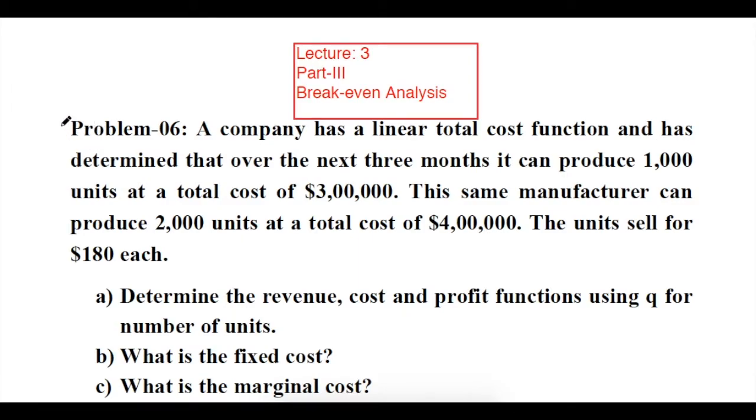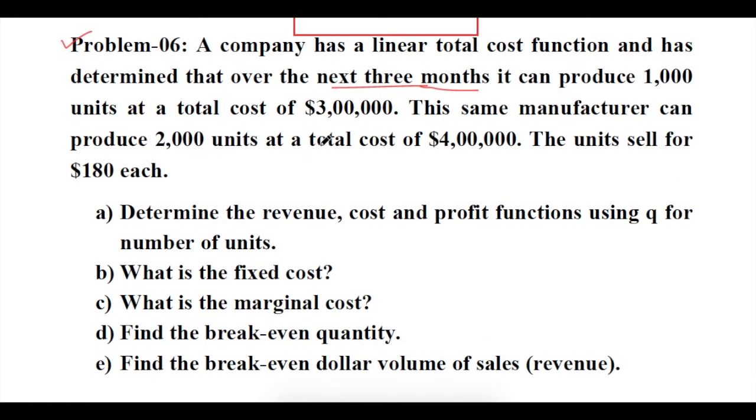So this is problem 6, and in this problem a company has a linear cost function and has determined that over the next 3 months, so all data given in this problem is for the next 3 months, it can produce 1000 units at a total cost of $300,000.